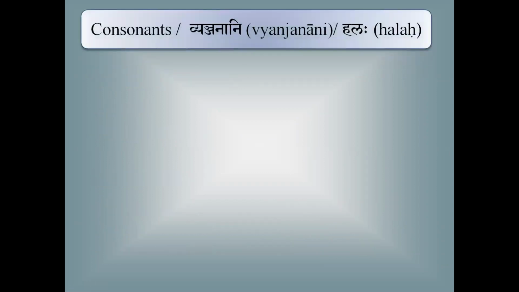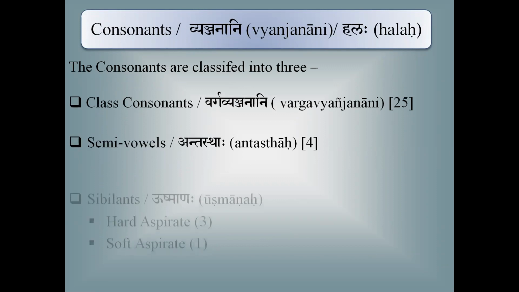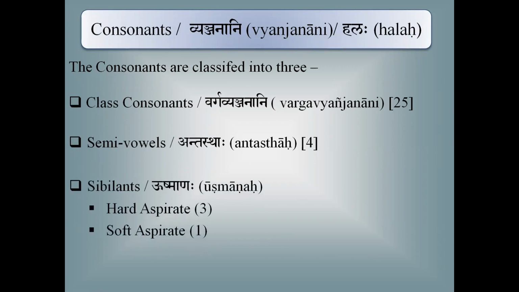And regarding consonants, we have seen the classification of consonants. The consonants in general are classified into these three classes: class consonants, which are called Varga Vyanjanani in Saṃskṛtam, and semi-vowels called Antastaha, and sibilants, Ushmanaha.